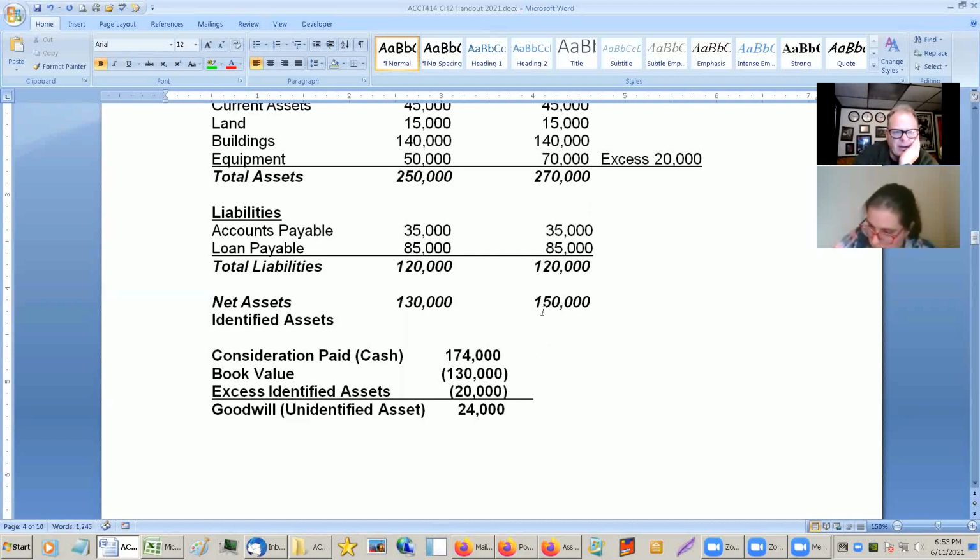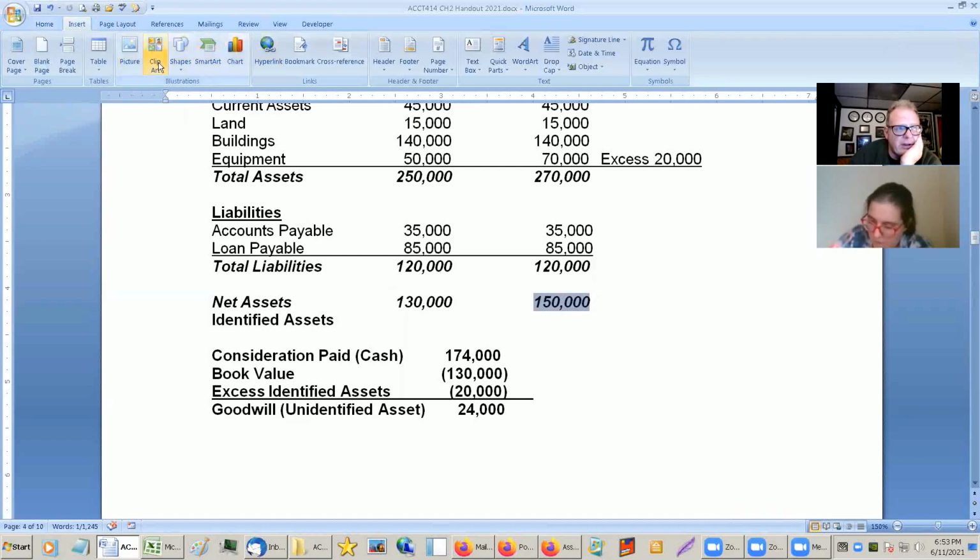And there's another way you can think about it. If the value of the identified assets was 150, which is basically those two together. Again, I'm trying to keep it the way that they show it.